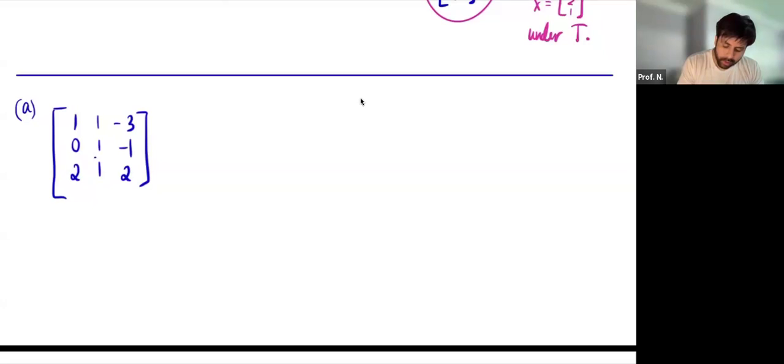We had A1, A2, A3, and we're trying to see if it equals 1, 0, 0, right? We solved for A1, A2, A3 by taking the inverse of this, and then multiplying that by 1, 0, 0.